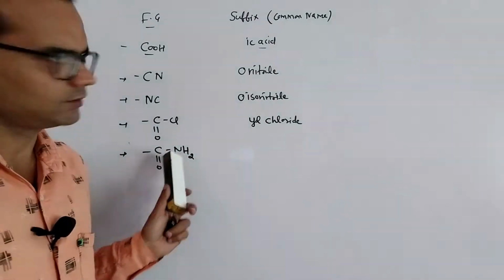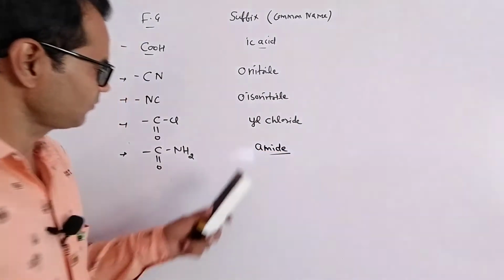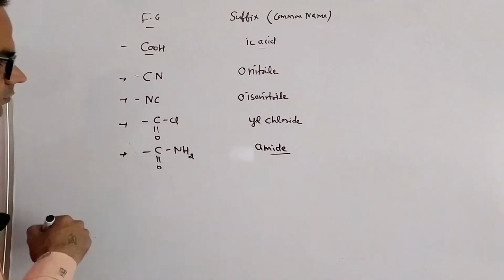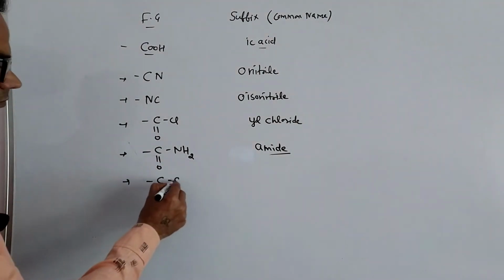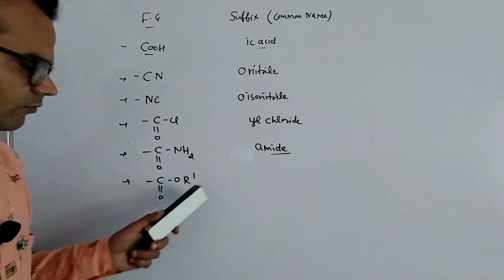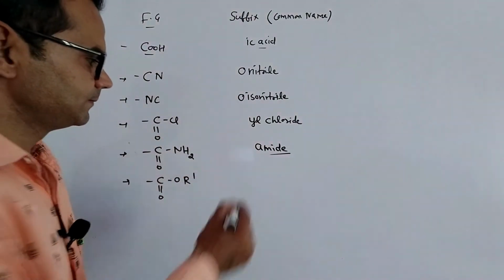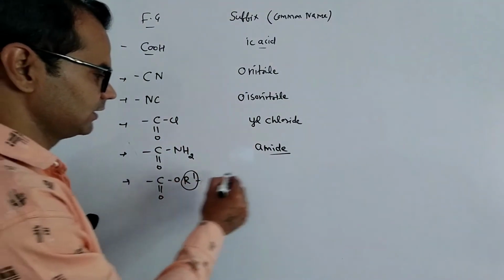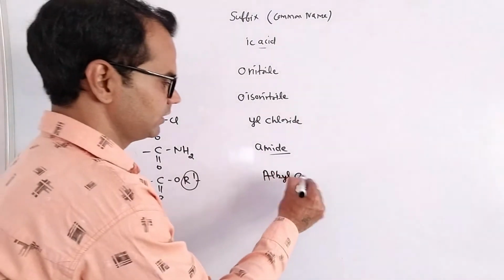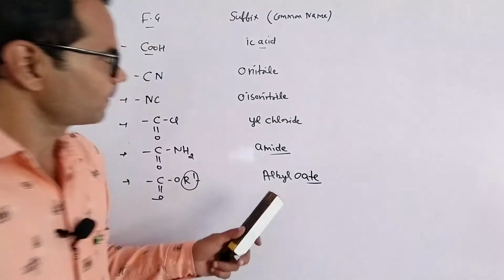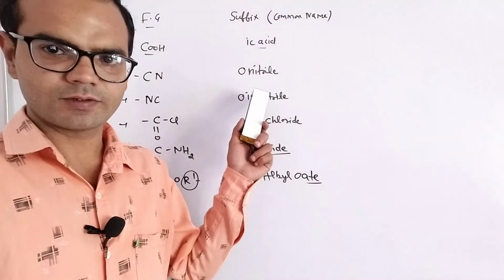This is acid amide, so its suffix is amide. This is the ester group, and this R is alkyl, and its suffix is ate. So these are a few examples of functional groups containing carbons.